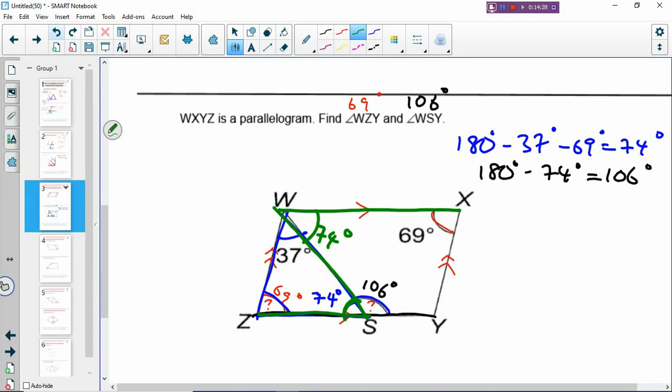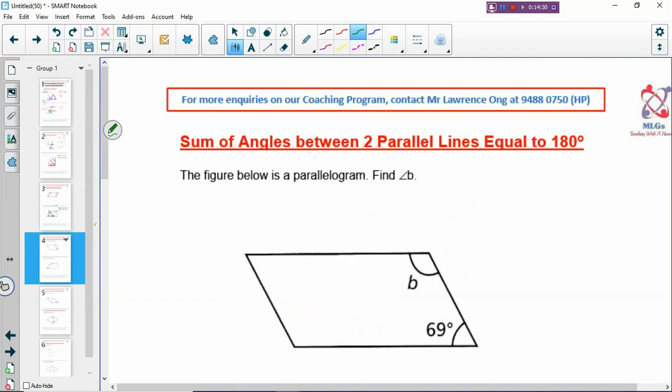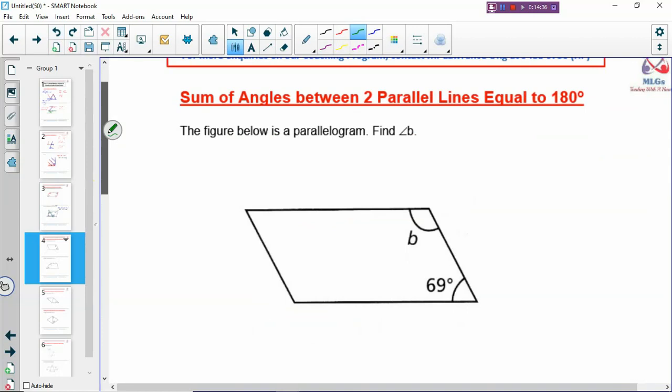Let's move on to the next one. What happens if you see a parallelogram? Are there any other properties that we need to know? Yes, the angles between two parallel lines add together to 180. If you can see these two lines, they are parallel, and they are joined together by this side.